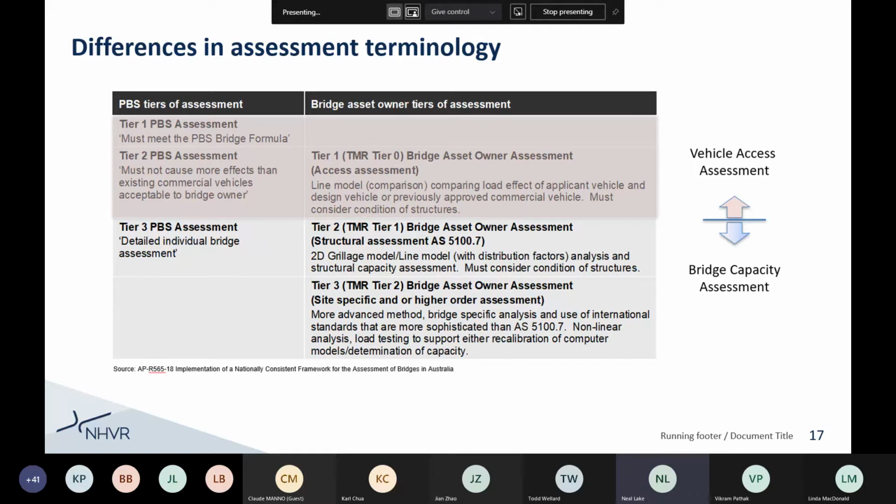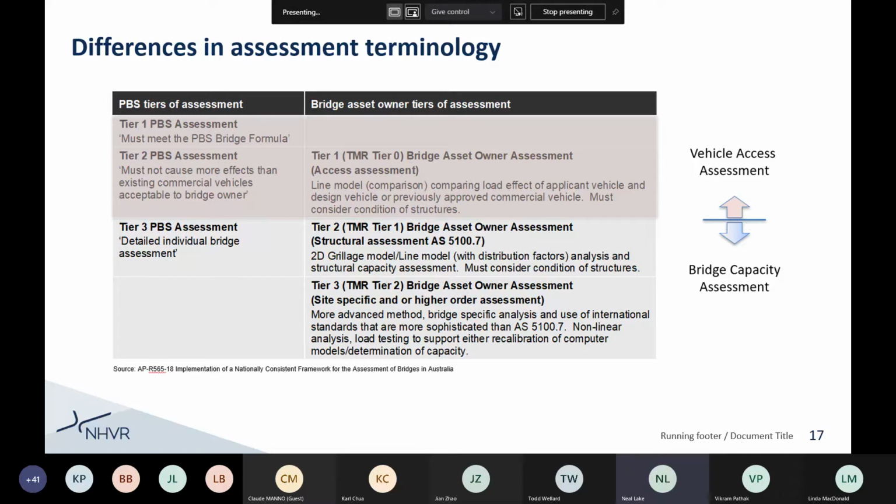If that consultant has been based in Queensland and they've done a lot of work for TMR, they might be using the terminology of tier 1 assessment, meaning a structural assessment to AS 5100, a capacity assessment, which in the definitions that I went through was a tier 2 assessment. So it's something to really keep in mind. What's important is that when you say tier 2, you actually describe what you mean. Or if you say tier 3, you describe what you mean.